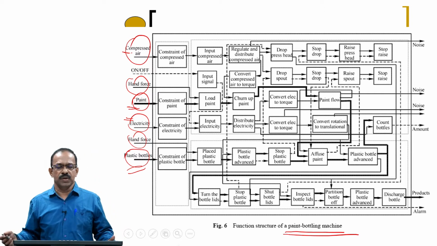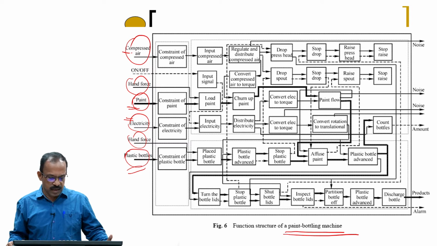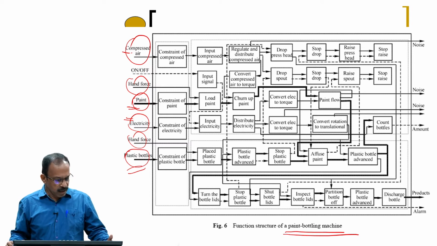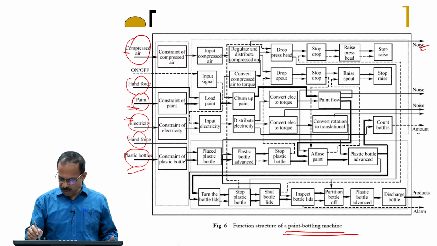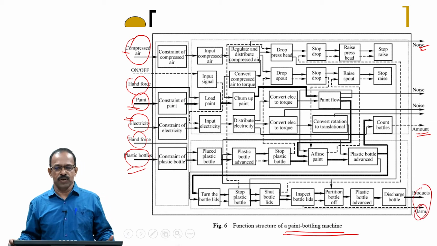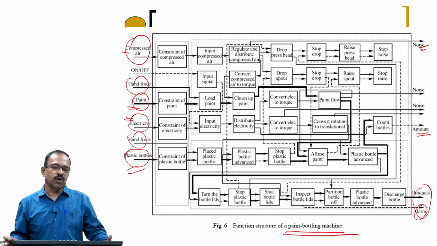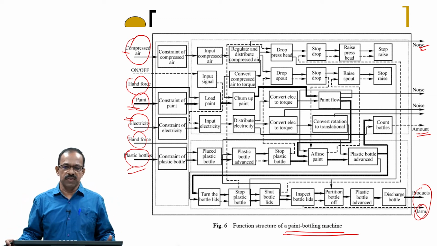Compressed air is for generating the necessary head for filling. The outputs are noise, information about the number of bottles, the filled bottles, and an alarm for emergency situations or other information you are providing.